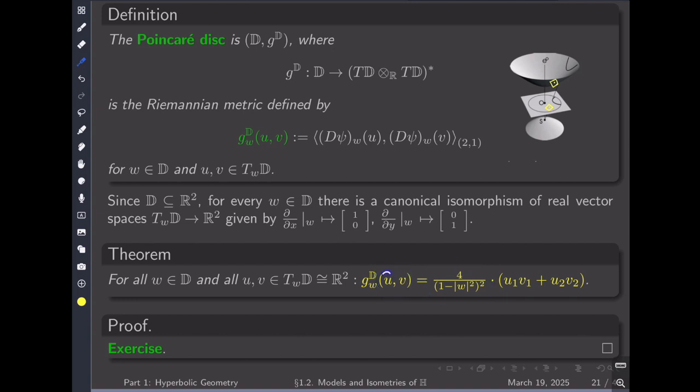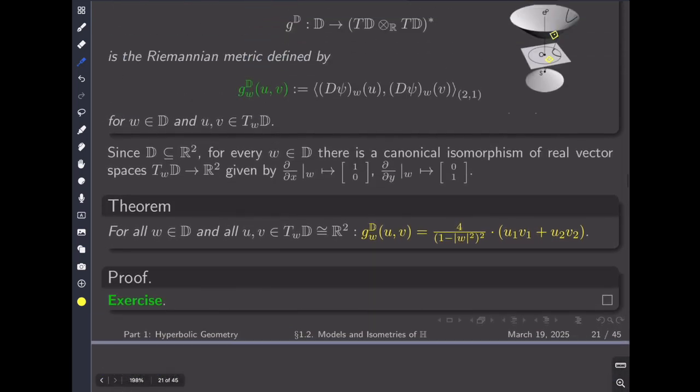So when you take the same U, its length becomes longer and longer as you let W go to the unit circle. And here, of course, I'm identifying for every W its tangent plane canonically with R2, in order to be able to say that the same U lives in all the tangent planes. I'm making that sort of abuse.